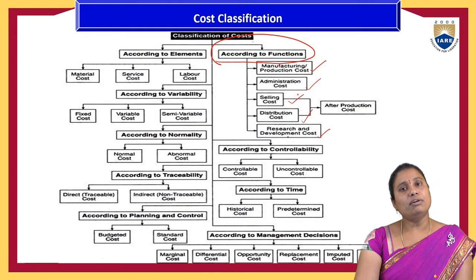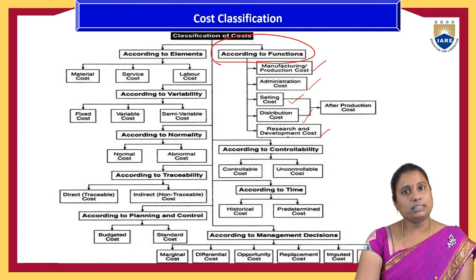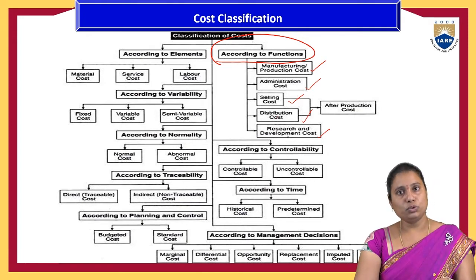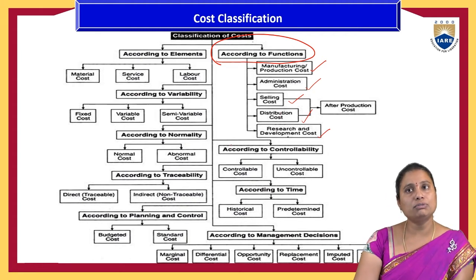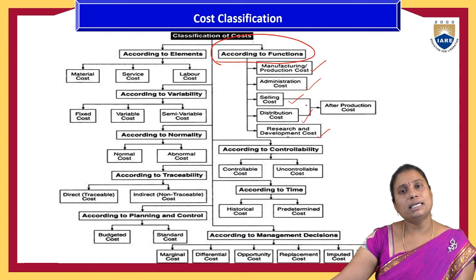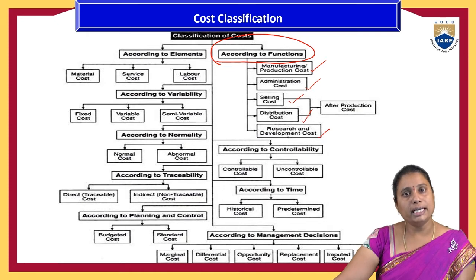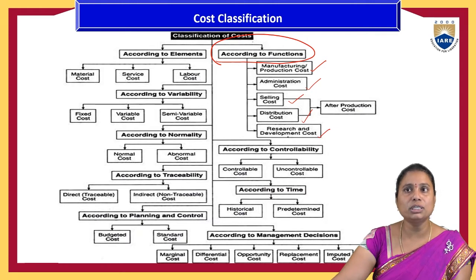Then for selling cost, choosing the market and market surveys, any amount they spend on that is called selling cost. The cost incurred for distribution channels, that is logistics, transportation, retailers, wholesalers, and discounts provided, comes under distribution cost.